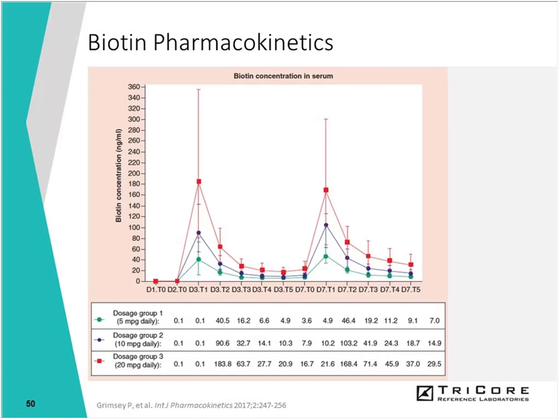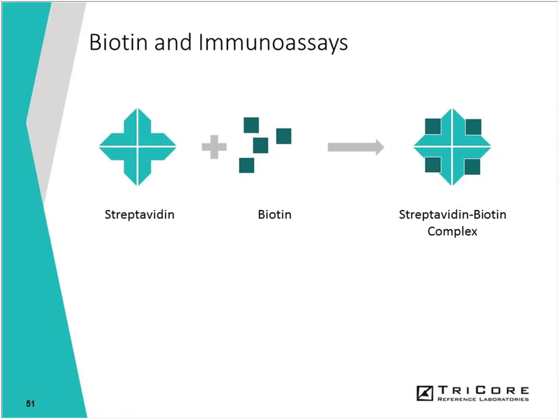However, you can also appreciate that there was accumulation of biotin in the serum over 5 consecutive days of dosing. So you can see in the next peak, which followed the next dose, the concentrations did fall rapidly by 8 hours, but they were a little bit higher than they were following the first dose. In this particular study, the reported half-life of biotin was 15 hours.